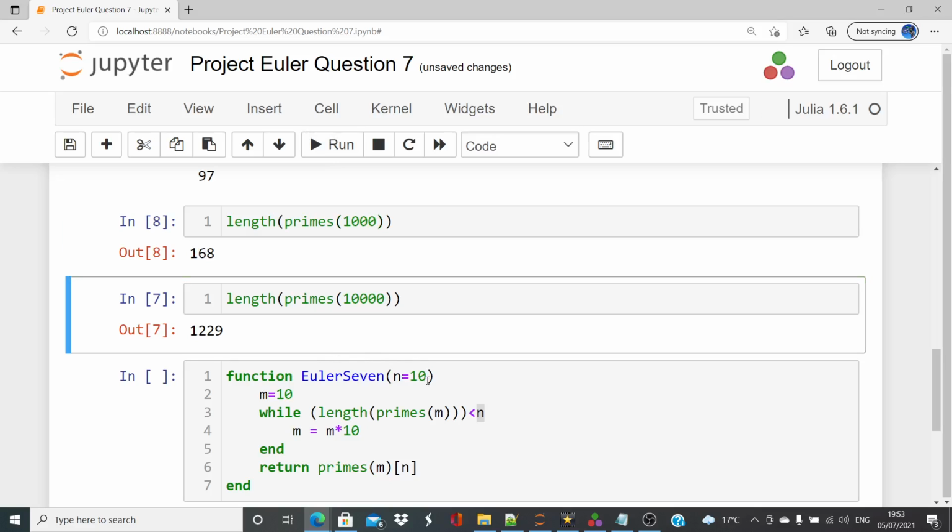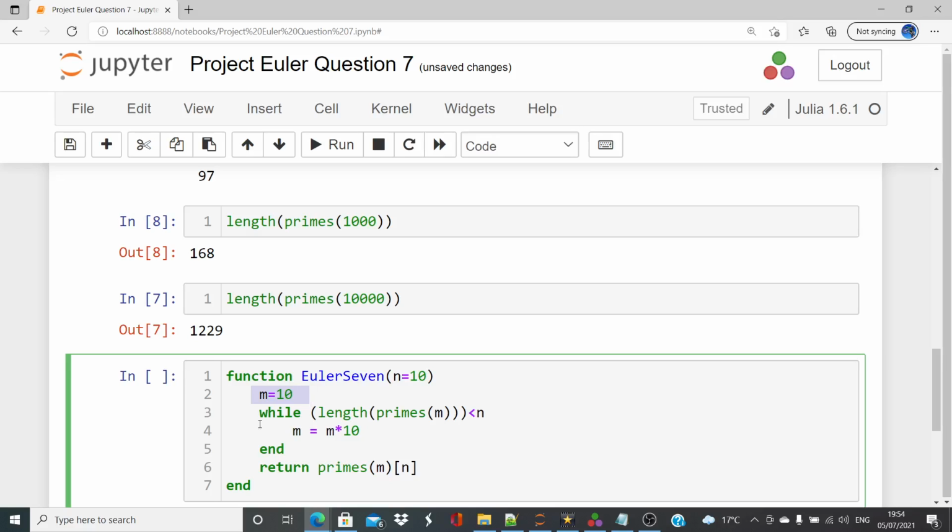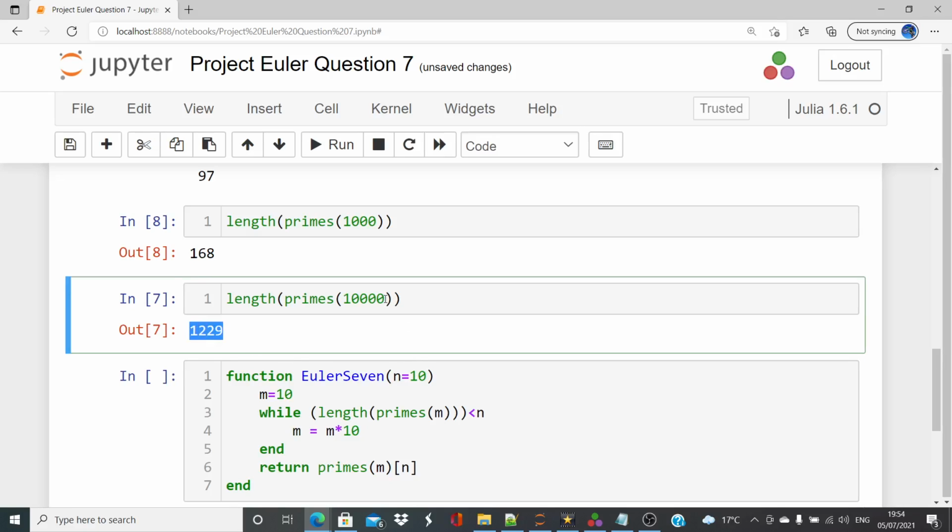So what I could do here is start off with a base case of m equals 10. Here the default input is going to be 10. But what I have to do is set up the magnitude of the input. So m equals 10, and if the length of primes of m is less than n, the input, the number we're looking for, so if this is insufficiently low, what we will do is multiply that by 10, increase it by 10 times, to see will that help us?